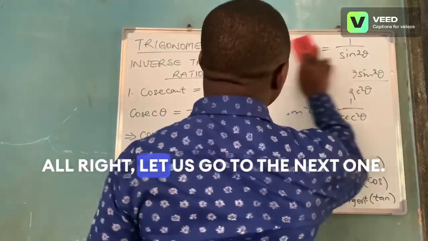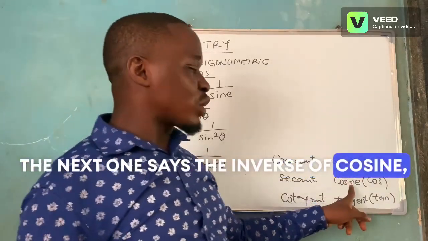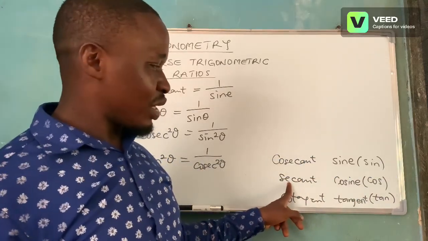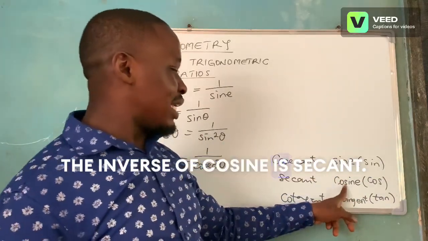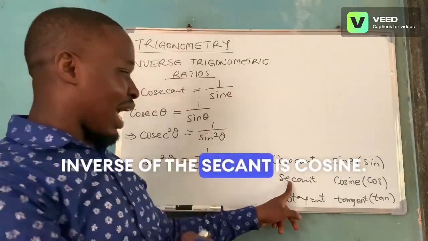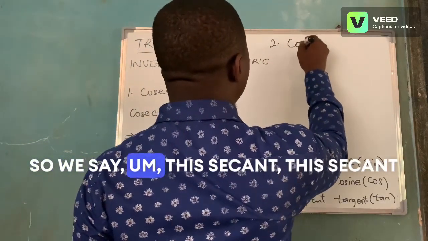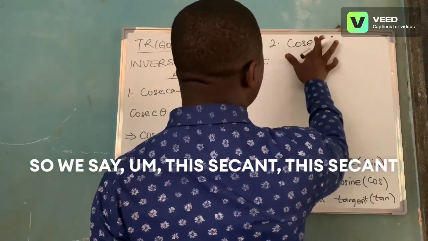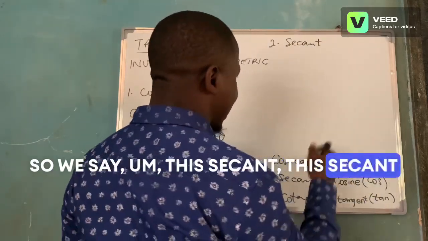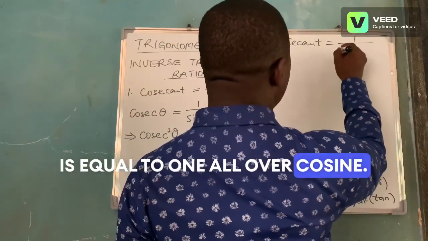Alright, let us go to the next one. The next one says the inverse of cosine, which we usually call cos, is secant. The inverse of cosine is secant. Then conversely, we can say the inverse of secant is cosine. So we say secant is equal to 1 all over cosine.